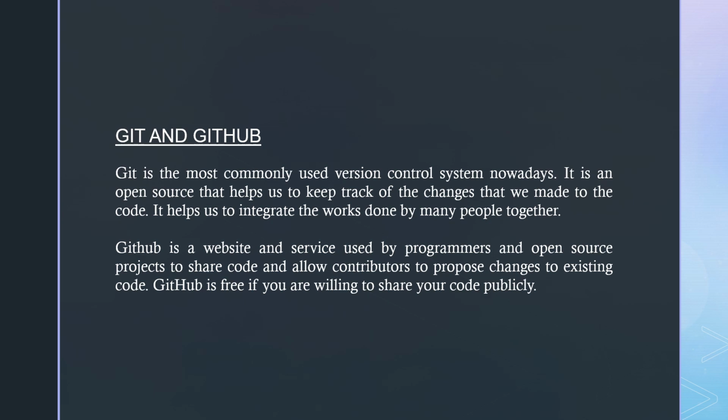It helps us merge changes made by many contributors into a single source, thus making contributions easier. What is GitHub? GitHub takes its name from Git; it is a cloud-based source code management system using Git. GitHub is free if you are willing to share your code publicly.